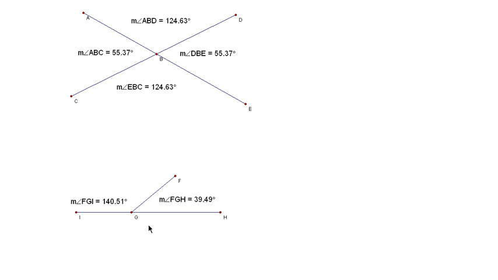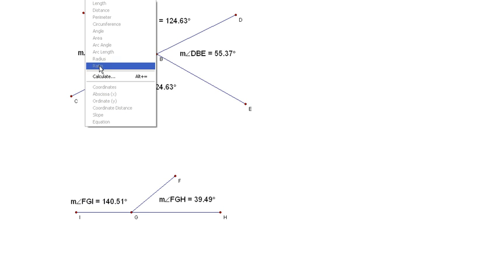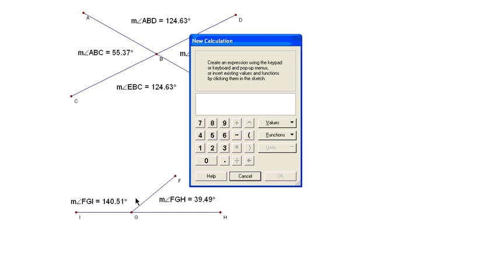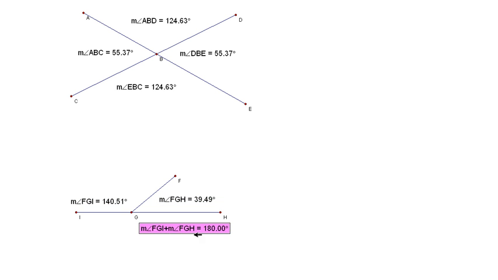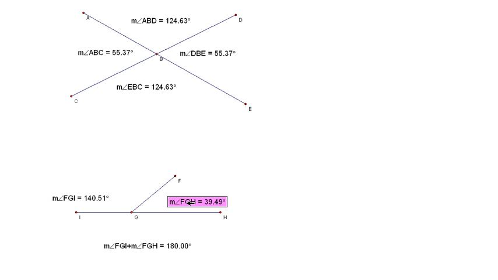Okay, so they're not equal, and you can tell visually that they're not going to be equal. But maybe they add up to something. Let's check it out. Say we want to calculate this plus this. And look at that. We get 180 degrees. So these are what we call supplementary angles. Supplementary angles always add to 180 degrees.